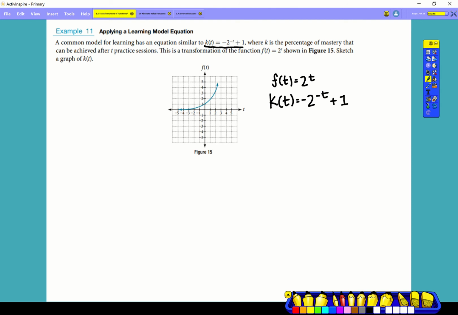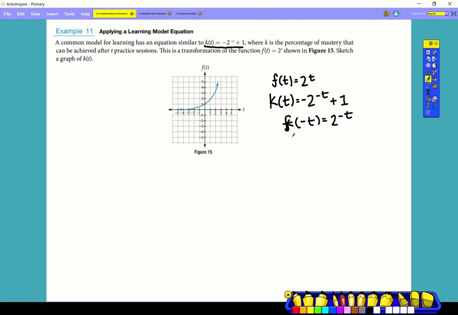Now what does it look like happened? So it looks like we have, if kt is 2t, well, notice the t is now negative, so we're going to have k of -t is equal to 2 of -t. Oh, this is supposed to be f of -t.